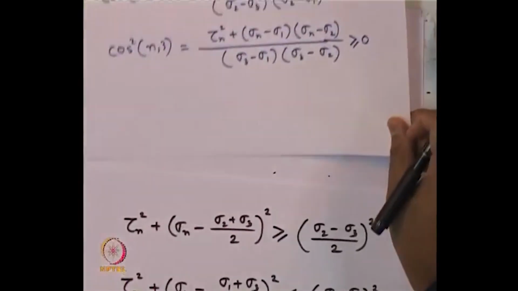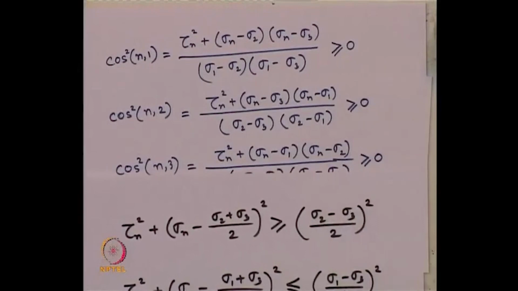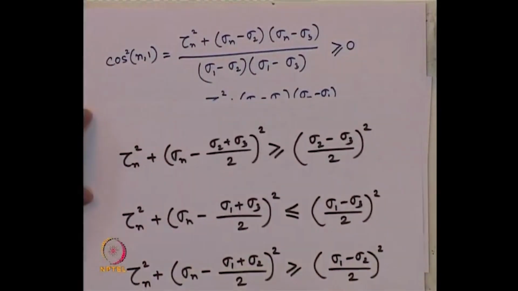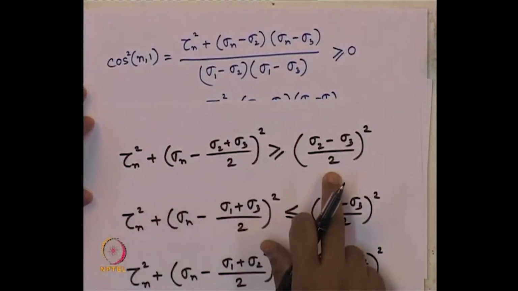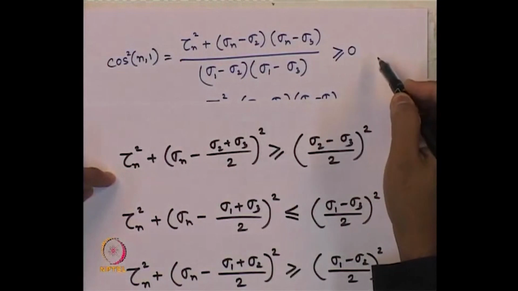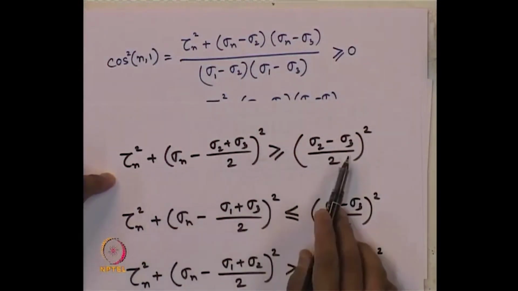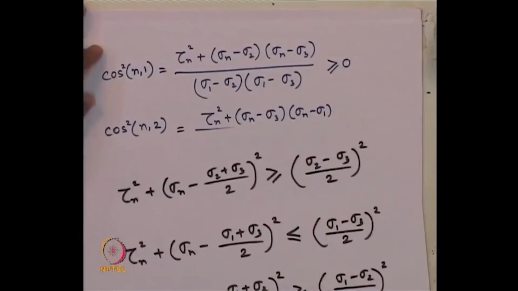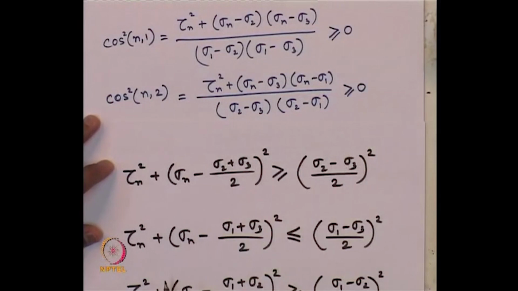What does it mean? Where from they have come? Let us put it back here again. From this relation, as I said, this is always positive. It will give us this one. If you simplify, if you take it here, it will be positive. You will get this greater than or equal to sign for this one. Whereas, for the second one, to satisfy this relation, this is being negative, the relationship will come like this.